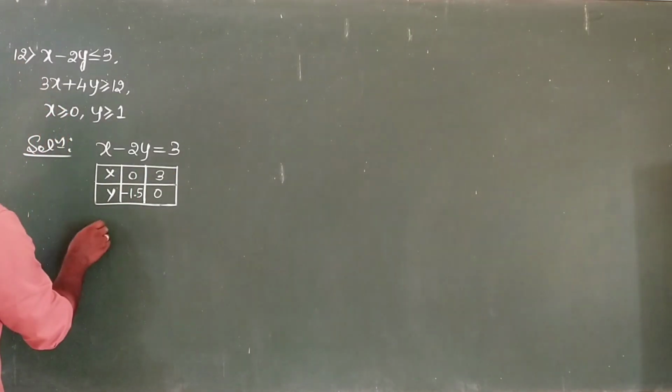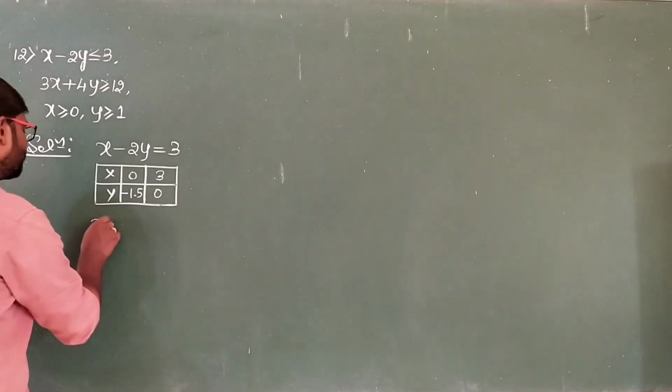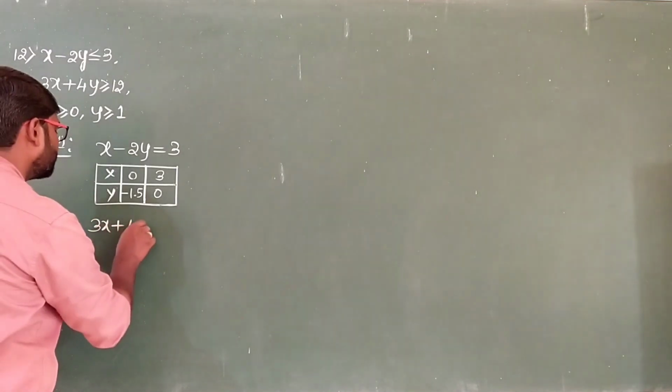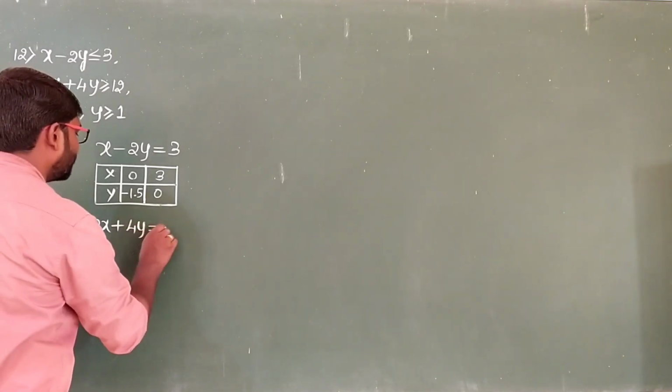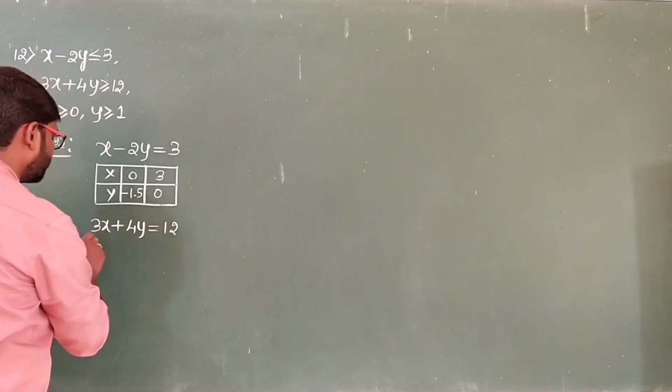Then take the second one, 3x plus 4y equals 12.